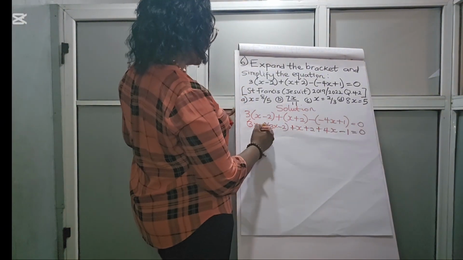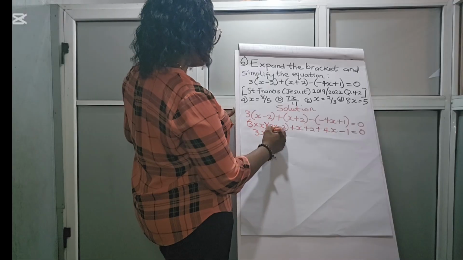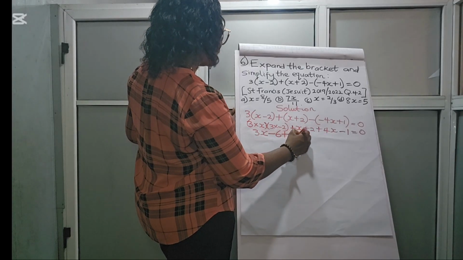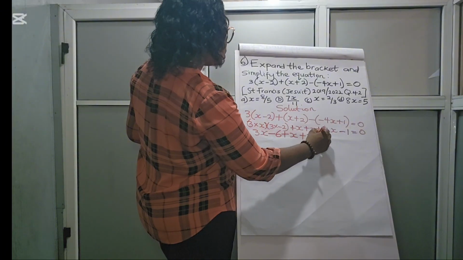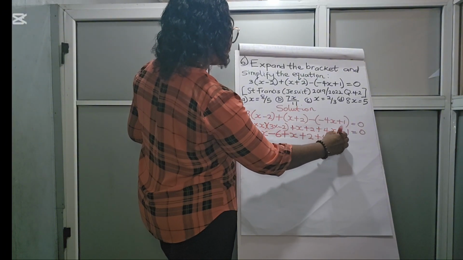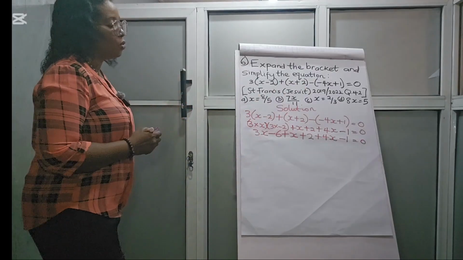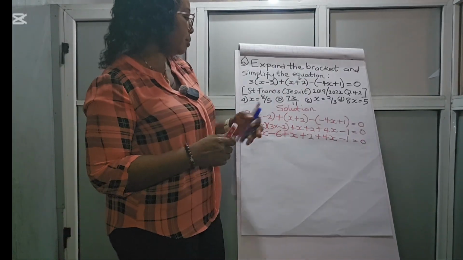So let's write this out. This will be 3x minus 6 plus x plus 2 plus 4x minus 1 equal to 0. So we have more or less an algebraic equation.